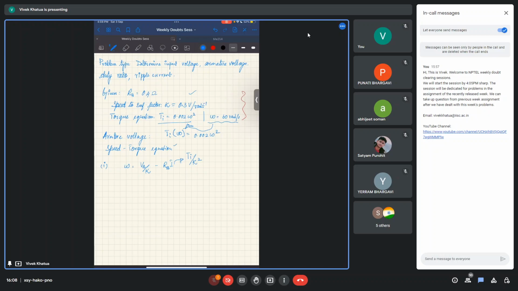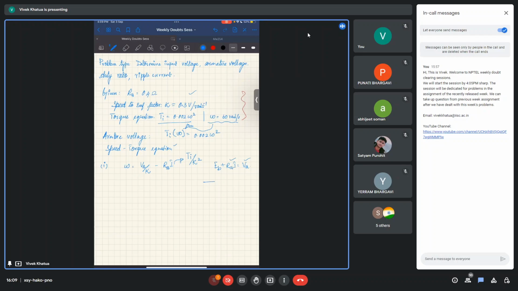Where this equation comes from is the back EMF plus the voltage drop across the armature winding, which is equal to your armature voltage.